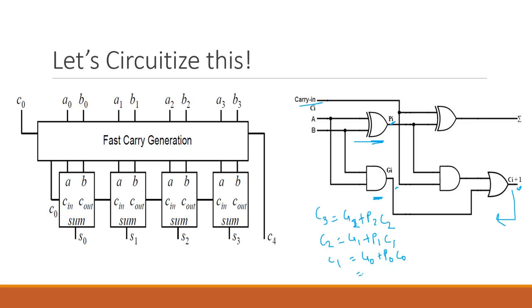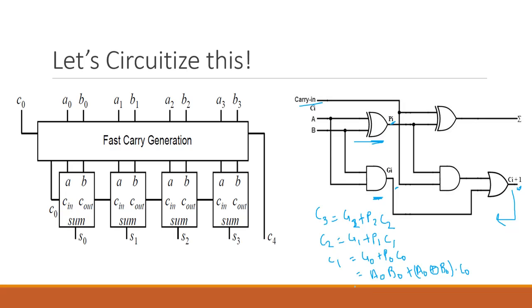Now G0 is nothing but A0 AND B0, and P0 is A0 XOR B0, and C0.